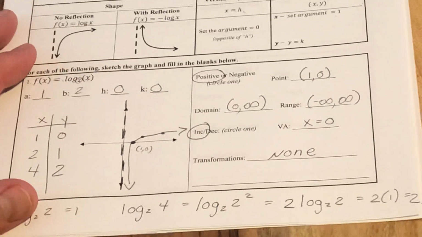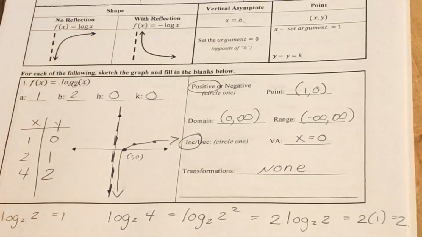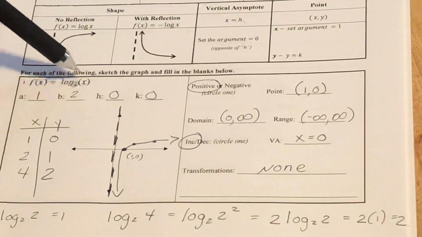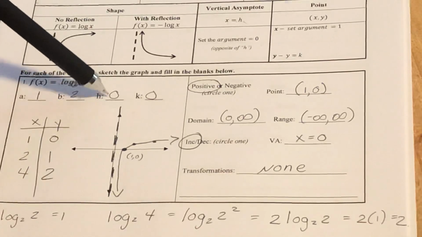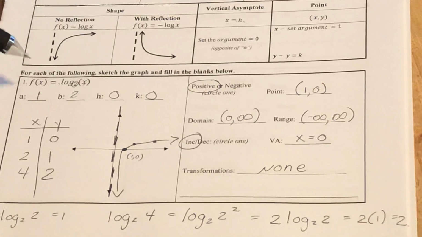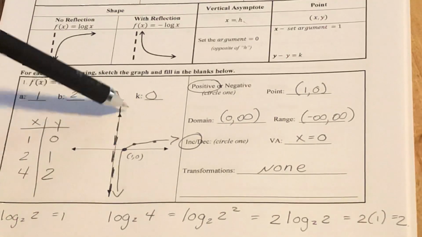Okay, so now let's go over these to make sure we're all hopefully somewhat clear. Baseline logarithm function: a is 1, our base is 2, there is no right or left so our h is 0, there is no up and down so our k is 0. We plugged in some points and found these three.